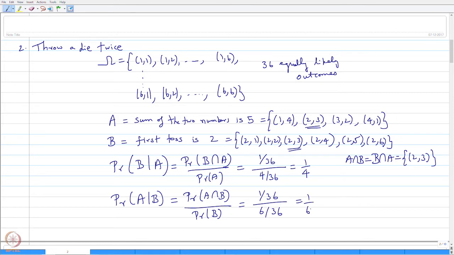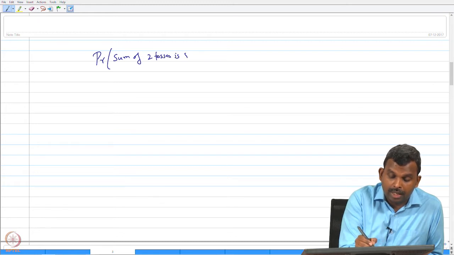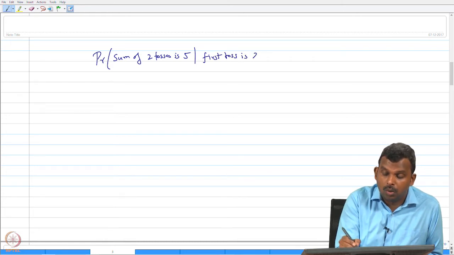Now, when you do things repeatedly like this, when you throw a die twice, you do not have to necessarily write down this entire sample space and argue it like this. Particularly the second one is very easy to argue. Look at the probability that the sum of 2 tosses is 5 given the first toss is 2.